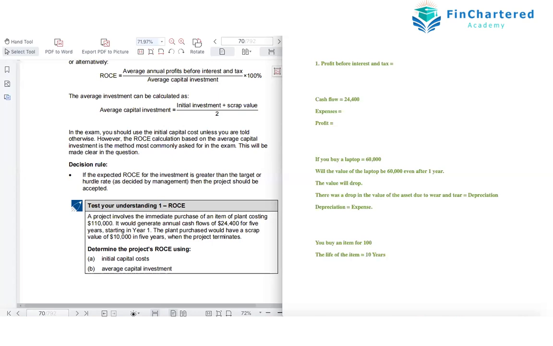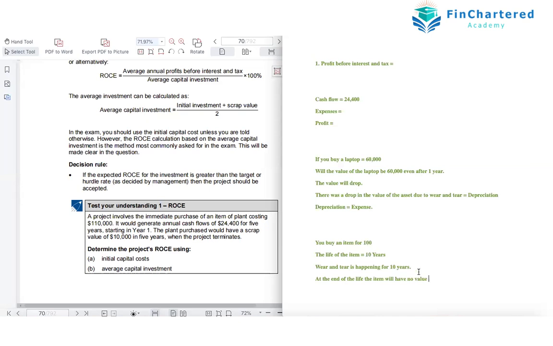So basically the wear and tear is happening for 10 years, meaning depreciation is happening for 10 years. At the end of the life, the item will have no value. There is no scrap value. At the end of the life, the item will be worth 0.